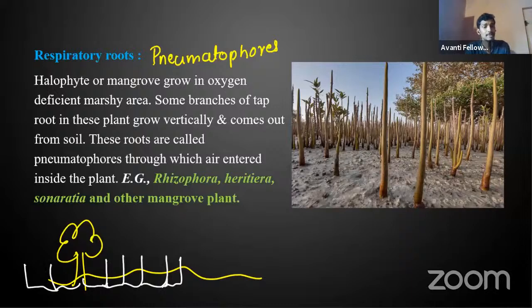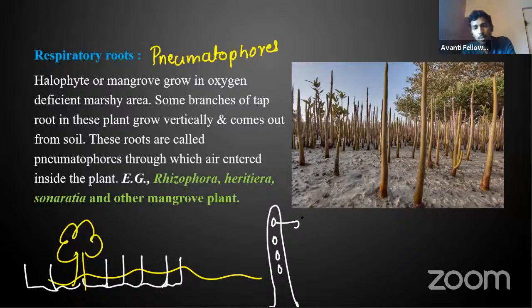So why is it coming like this? If I zoom in a little bit, these roots have small pore-like structures. These pores help in the exchange of gases, which in turn helps in the respiration process.